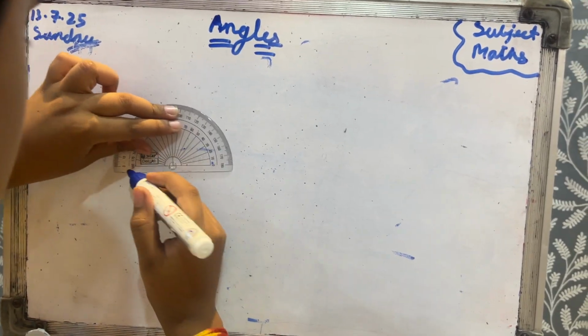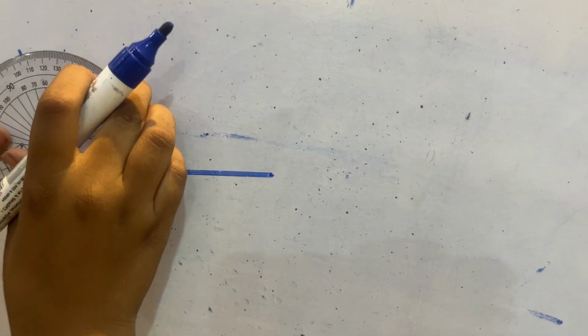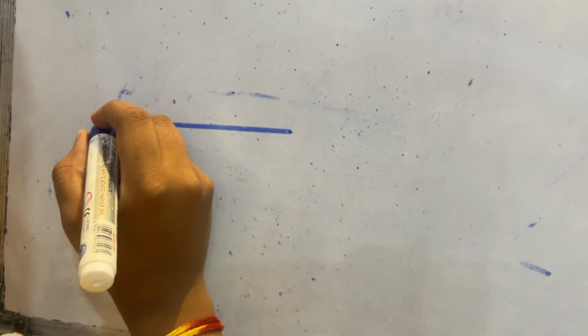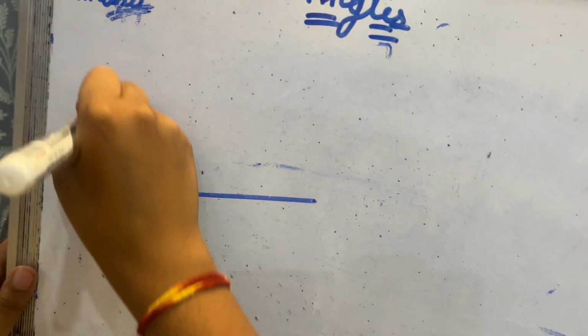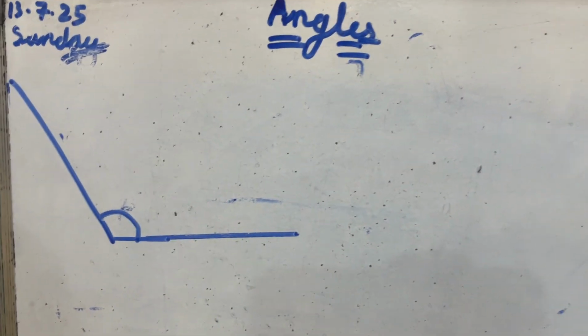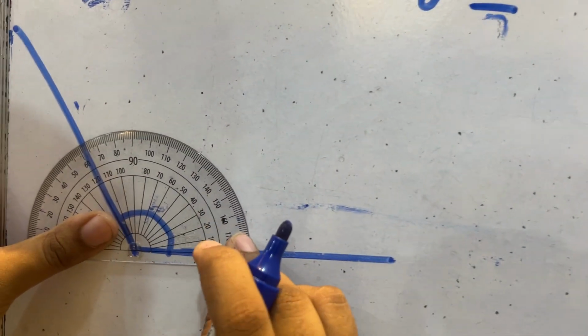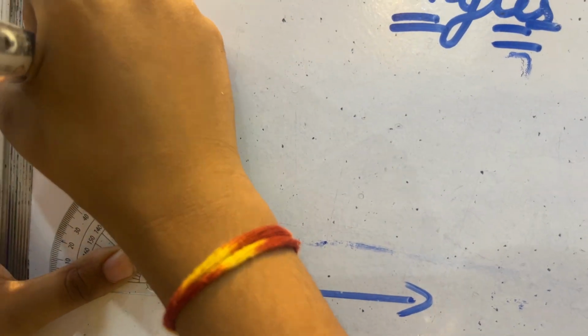So now, if I have drawn a line and I have drawn any angle, for example an obtuse angle, in the obtuse angle first we will put the protractor here. It is going from this side.